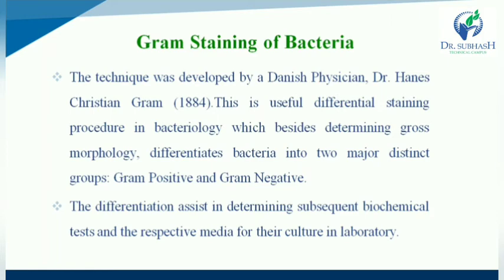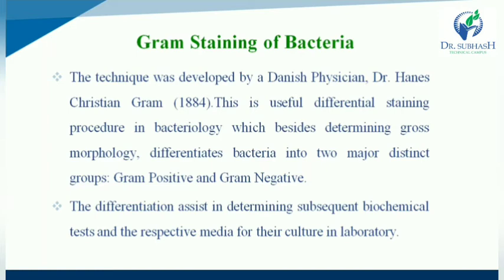This is a useful differential staining procedure in bacteriology, which besides determining gross morphology, differentiates bacteria into two major distinct groups, such as gram positive as well as gram negative.